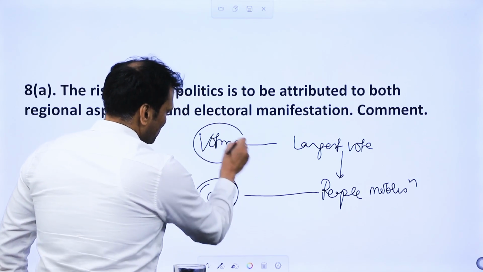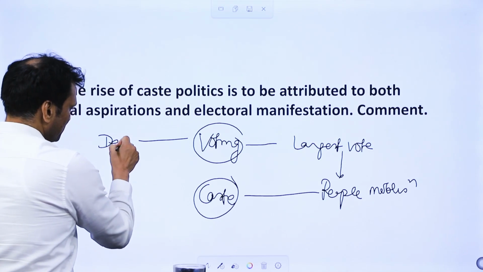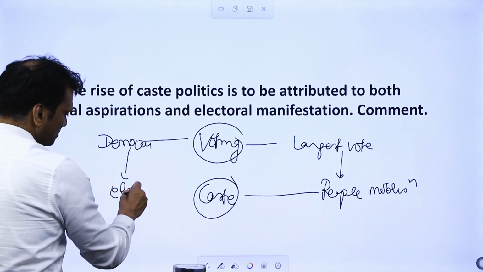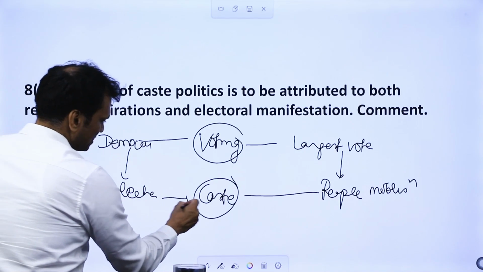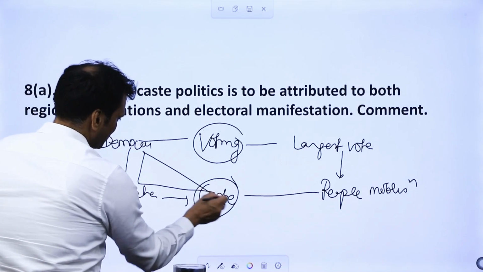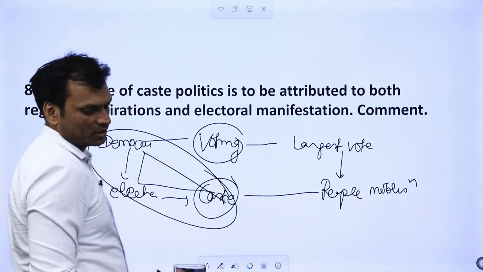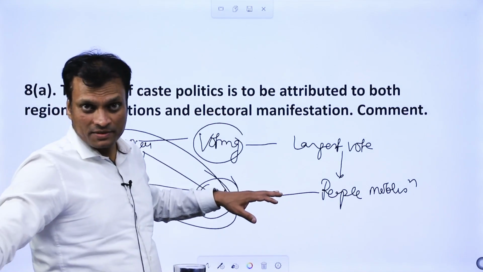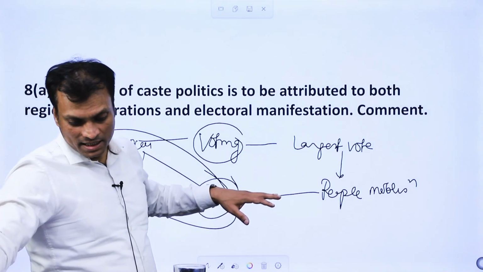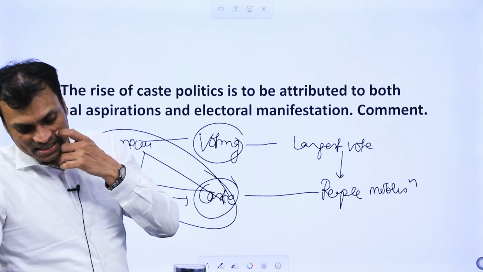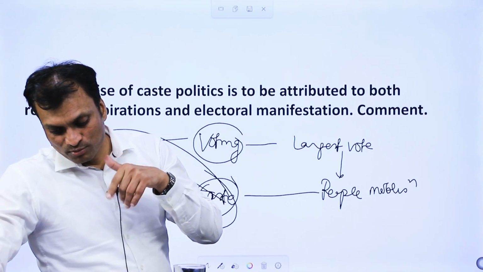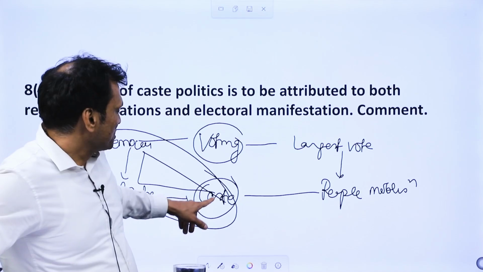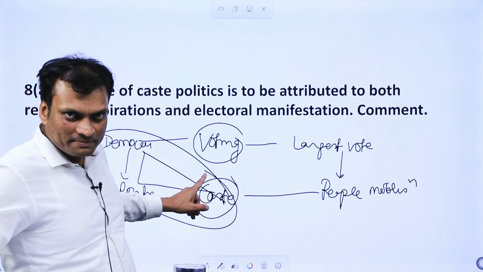So democracy needs election, and election makes caste important. Therefore electoral politics. Read the whole question: this is what Rajni Kothari, M.N. Srinivas, André Béteille all said, that the rise of caste politics is to be attributed to both regional aspiration and electoral manifestation. So that was electoral.